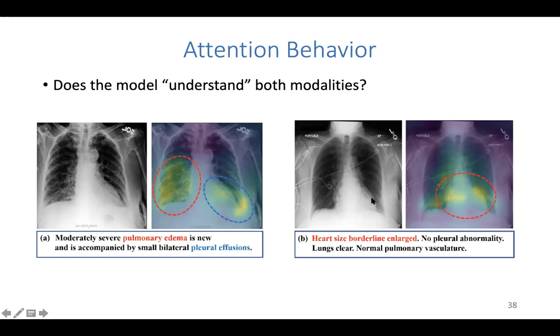So this is the heart actually. The model is attending to the right heart area for this sentence. So again, the model is understanding what's happening here, and is doing a good job of grounding the word tokens into pixels.